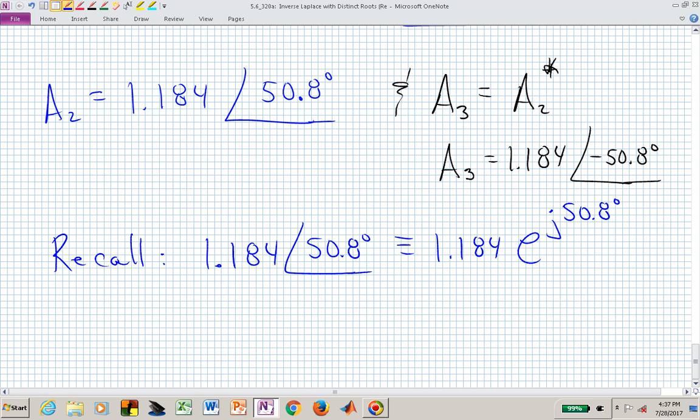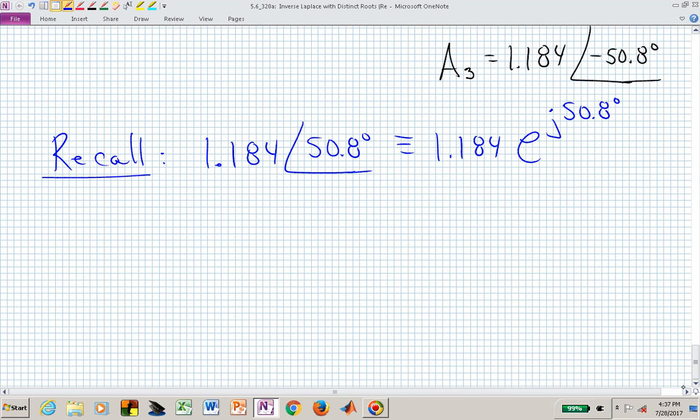And if you find the rectangular form of the left-hand side and the right-hand side, you will see that using Euler, we have the equivalence between the left side and the right side. So writing that as a magnitude e to the j angle is okay. We now have our partial fraction expansion with complex residues.